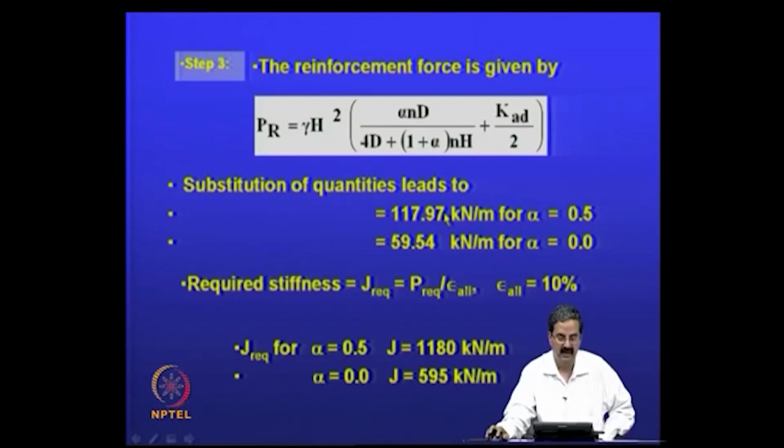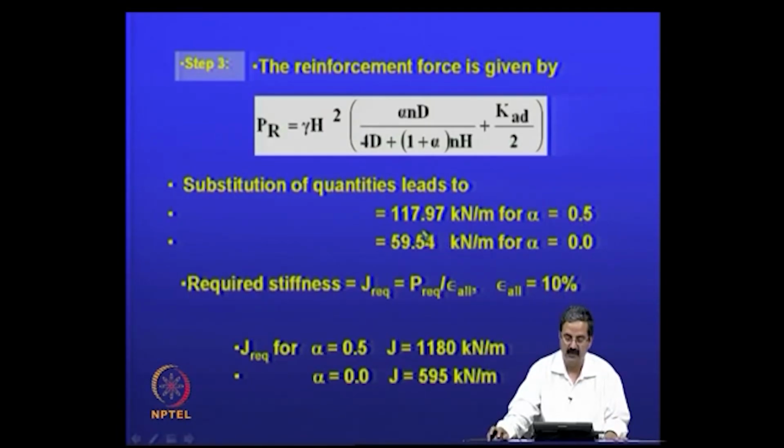Okay. And now, what is its stiffness? You have to calculate the stiffness also, because manufacturing companies will give you the geogrid tensile strength, stiffness, and all the properties. As I said, stiffness is also a very important quantity to reduce the settlement. So, what is J, the term we use? Assuming the allowable strain is 10%, strain compatibility as we discussed earlier, P required divided by P allowable will give you that, in fact it is 0.1.